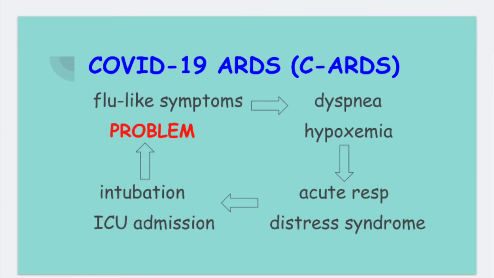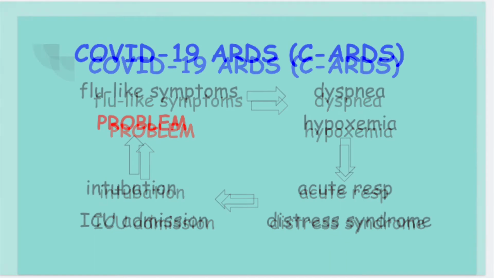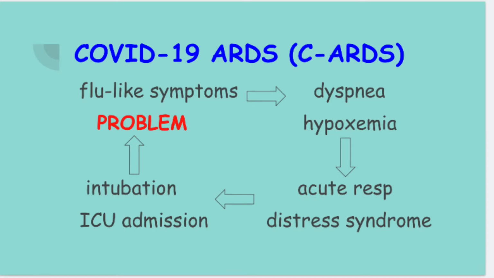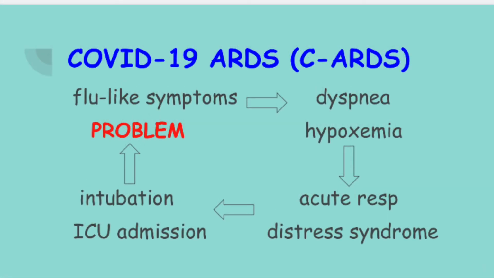COVID-19 affected different people in various ways. Some have mild symptoms, others progress to severe illness. Symptoms may appear initially as flu-like symptoms: fever, chills, cough, body aches. But it can easily progress to shortness of breath and trouble breathing, which indicates lung damage.